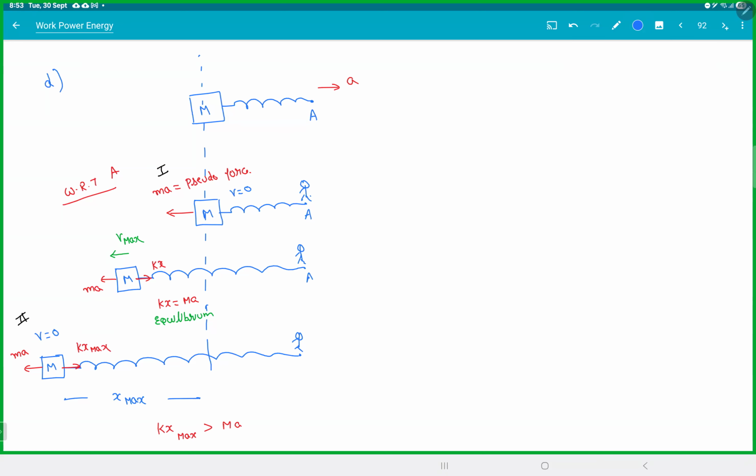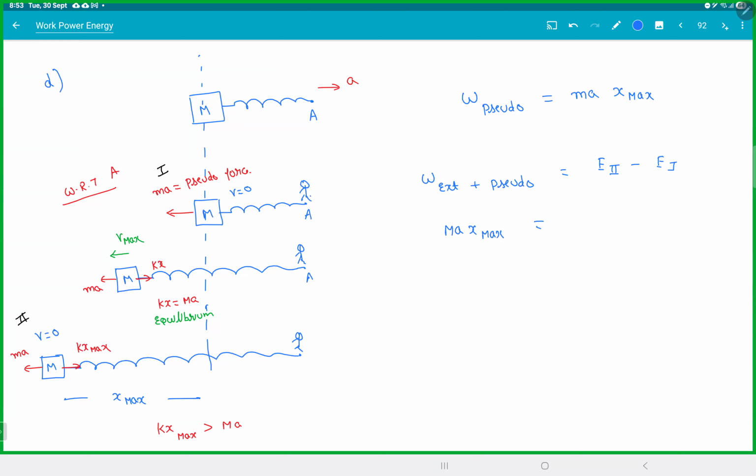So what is the work done by pseudo force? Now remember, the external force, there is a pseudo force. Work done by pseudo force is pseudo force ma into displacement, which is x max. So work done by external plus pseudo forces will be final energy, state 2, minus initial energy. This will be ma x max.